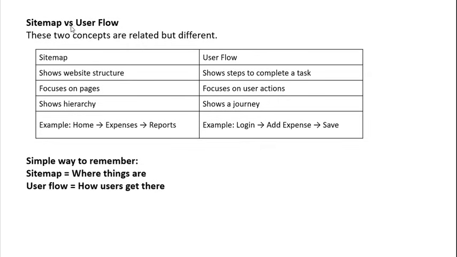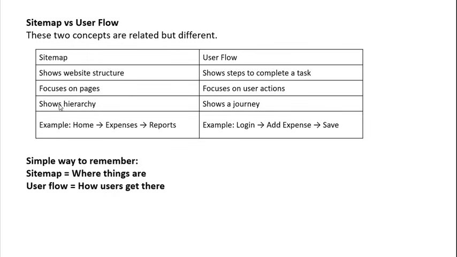Sitemap versus user flows: these two concepts are related but different. A sitemap shows the website structure, and a user flow shows the steps to complete a task. The sitemap focuses on the pages, and the user flow focuses on the user action.